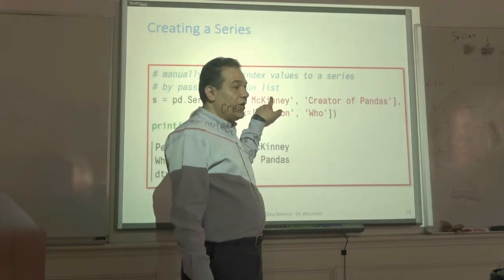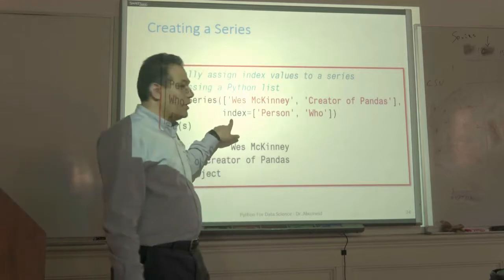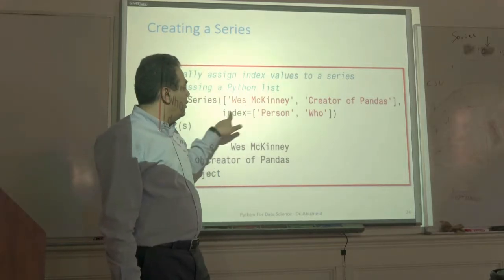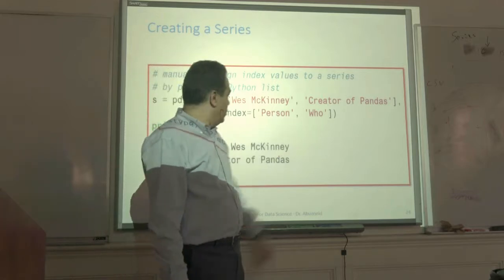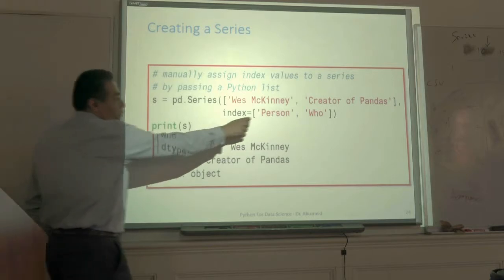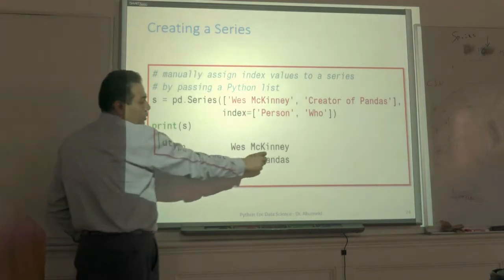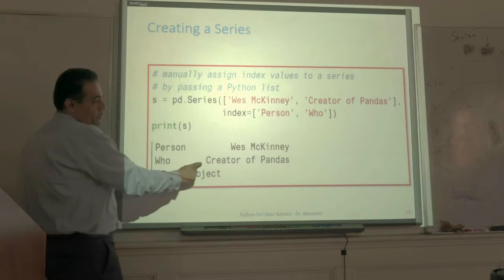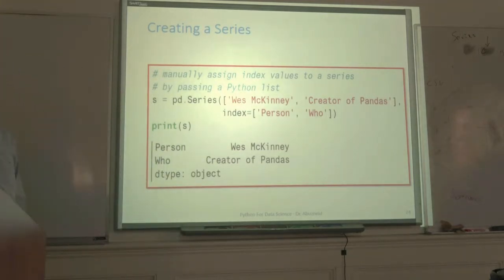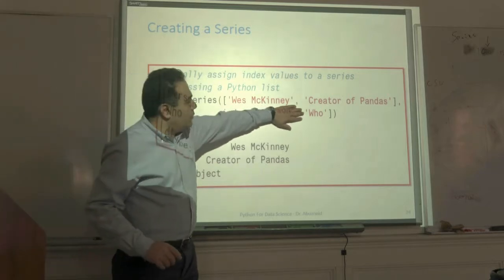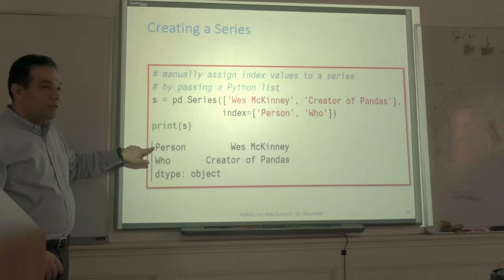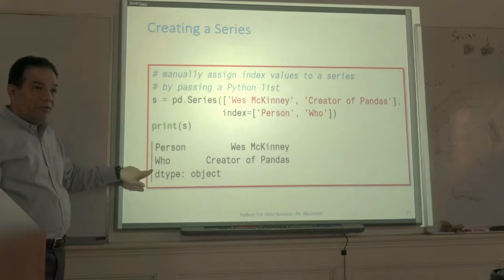We don't know. If I need to give them a title, I use the index. The first element will be person name, the second, who. So when I print the series I have created, the person is Wes McKinney, and the who is creator of pandas. If I remove the index and print it, it will give me what? 0, 1, right?